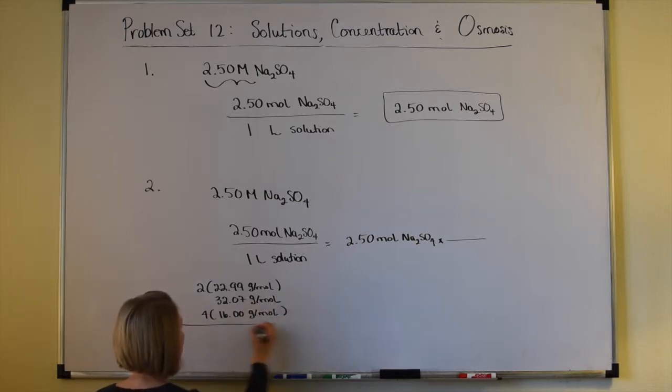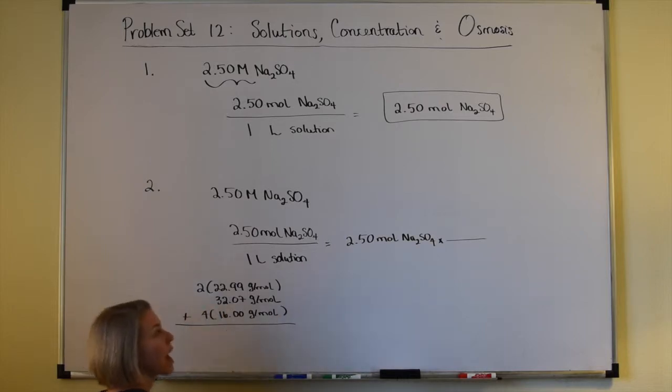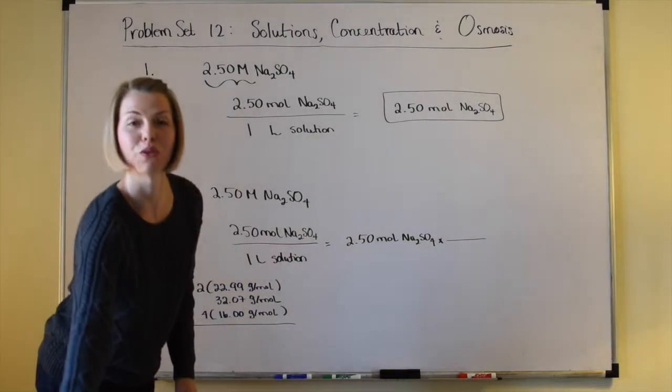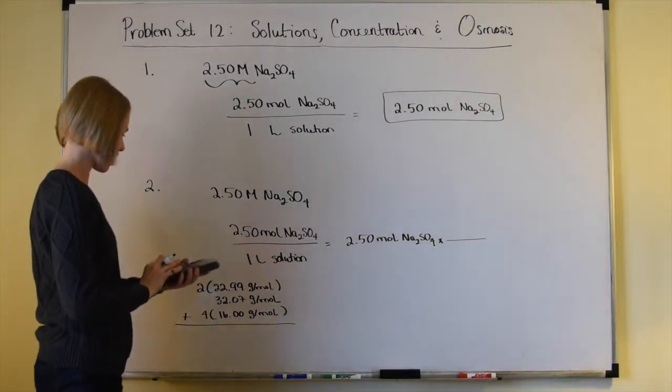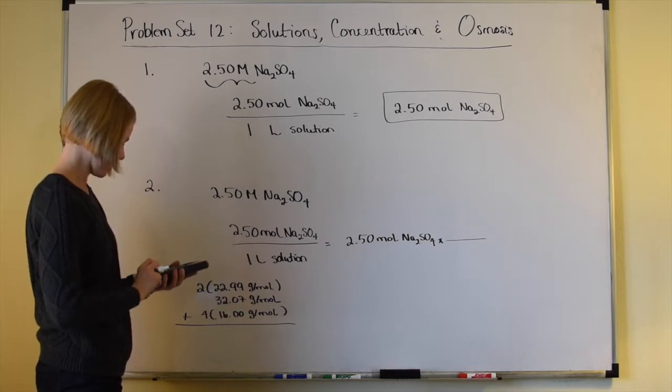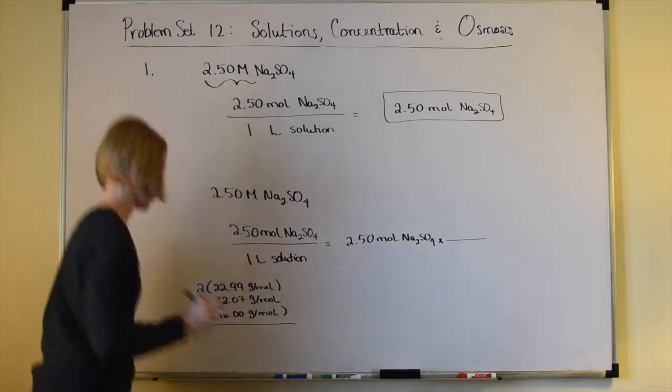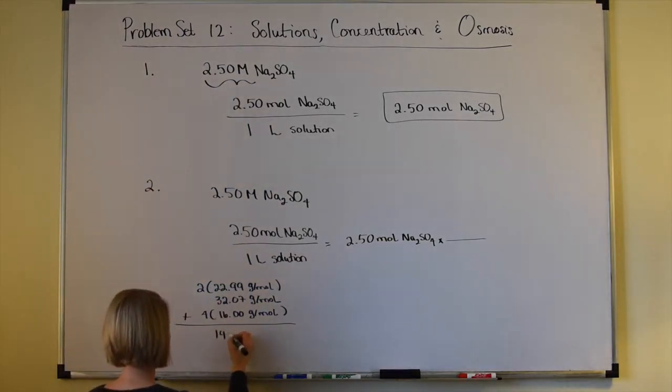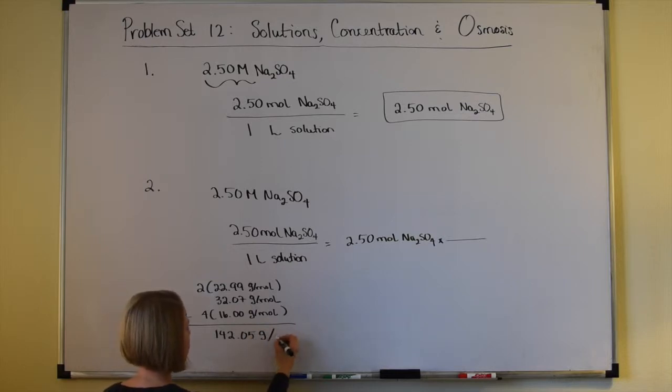Okay, got to add all those up, and I will have my molar mass for sodium sulfate. Grab your calculator, unless you're really good at doing this in your head, plus the 32.07 plus, okay, I get 142.05 grams of sodium sulfate per mole of sodium sulfate.